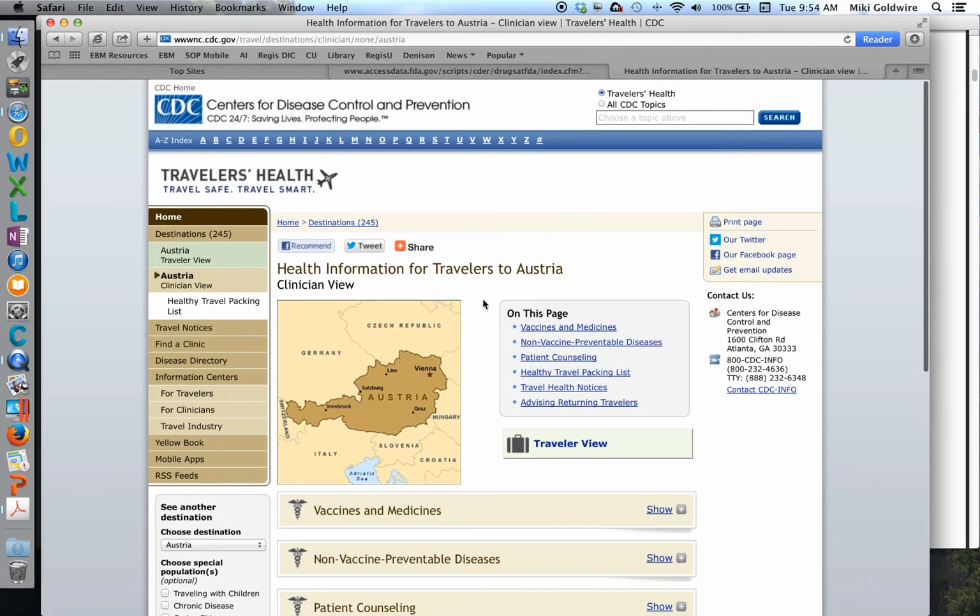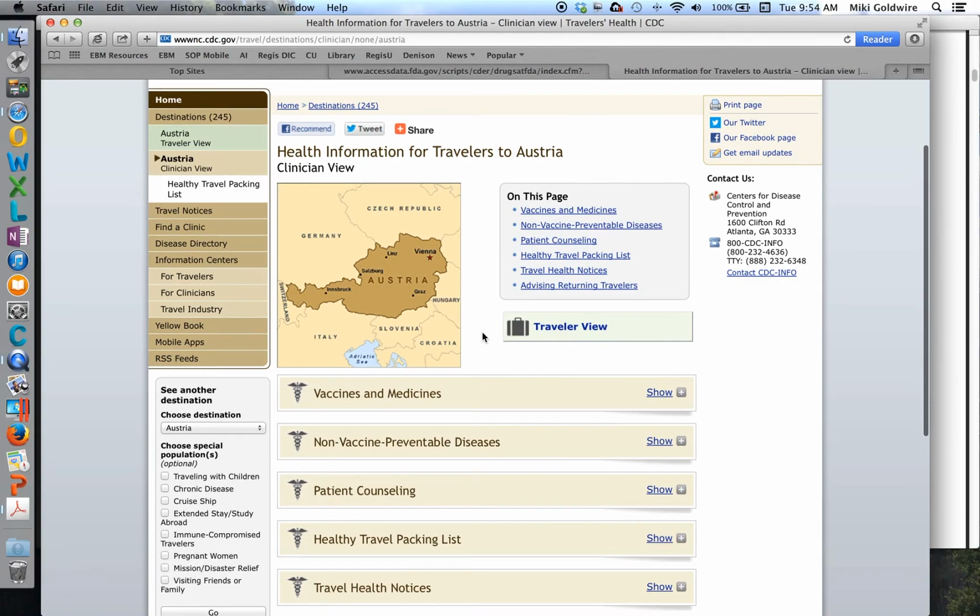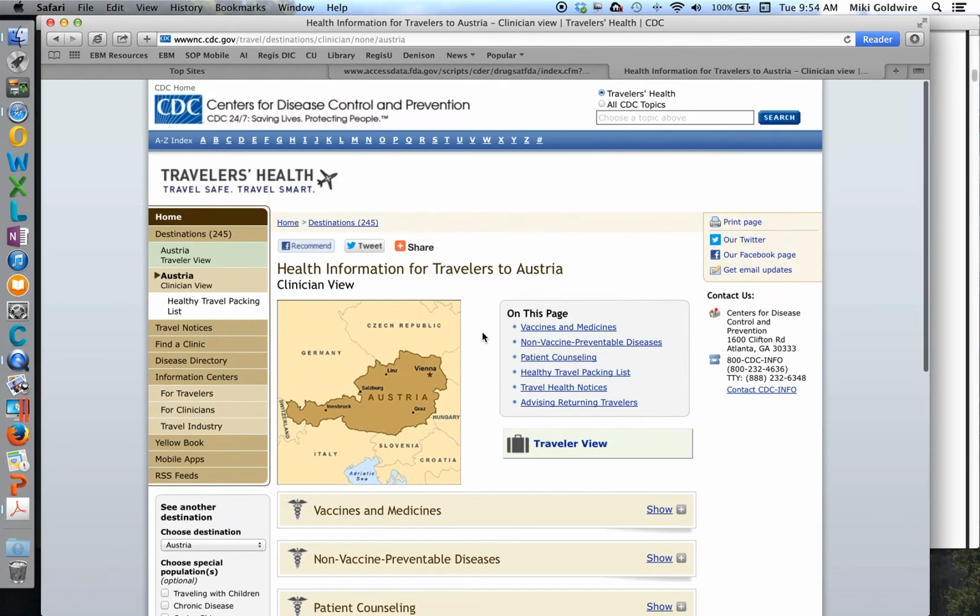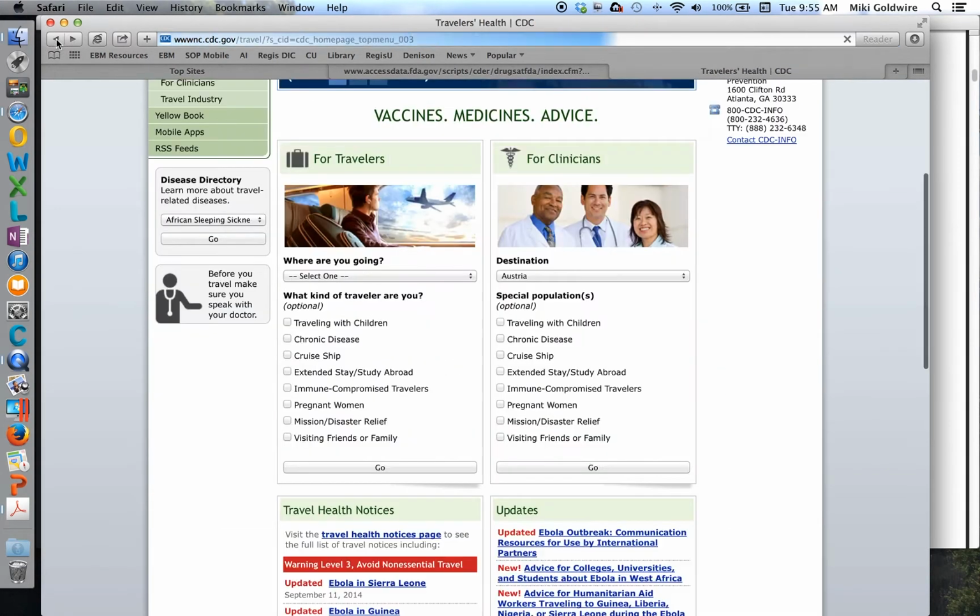I just want to warn you to be careful and read all the information. A lot of times only part of a country requires vaccination and not the entire country, especially for your malaria prophylaxis. But that's a very good place.